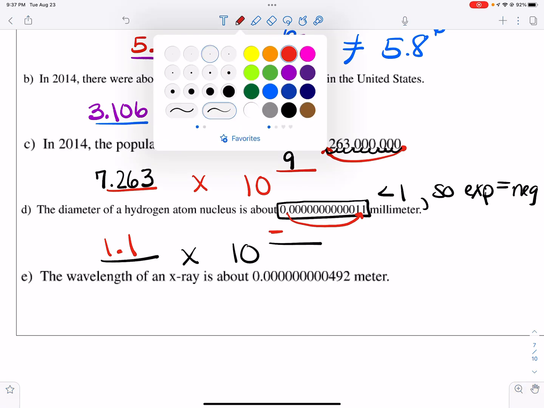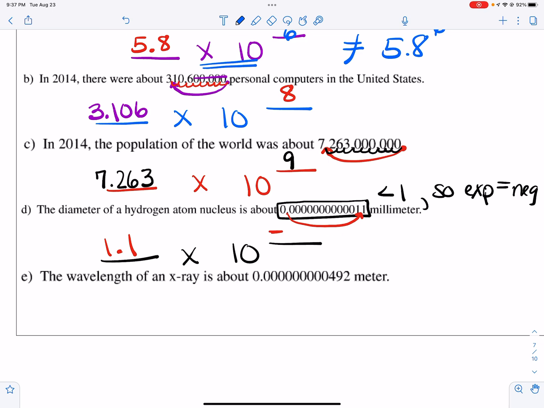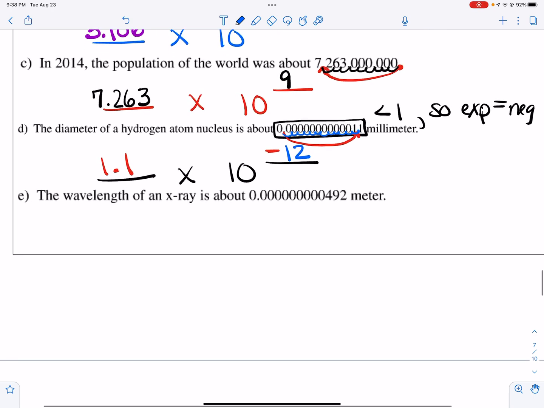And then I count how many places I moved it. 1, 2, 3. Whoops, that's not what I want to do. 1, 2, 3, 4, 5, 6, 7, 8, 9, 10, 11, 12. And so my exponent is negative 12.